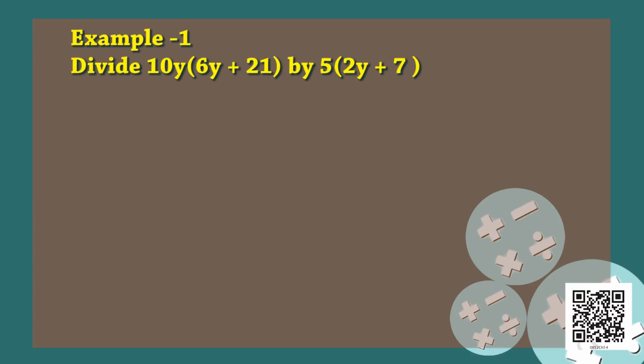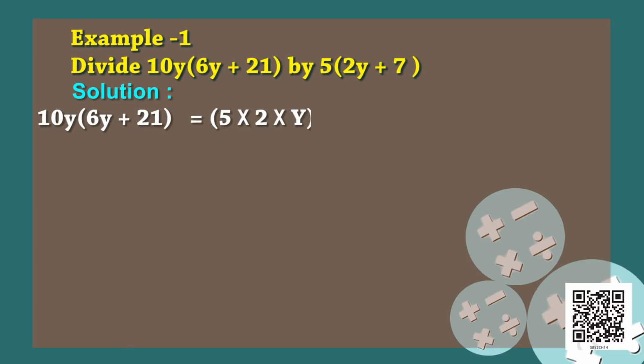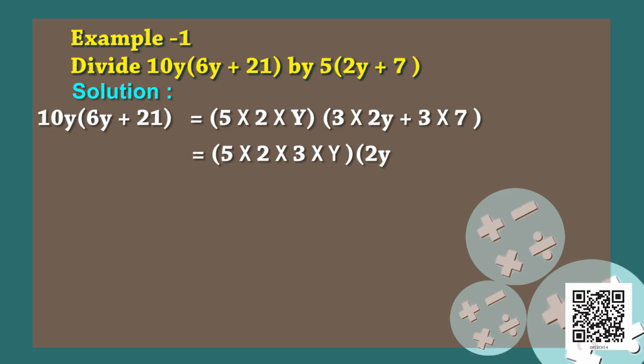First look at the first term. 10y into 6y plus 21 is equal to 5 into 2 into y into 3 into 2y plus 3 into 7. So, by taking 3 as a common factor in the bracket term, we get 5 into 2 into 3 into y into 2y plus 7. Therefore, we are left with 5 into 2y plus 7 into 2 into 3 into y.